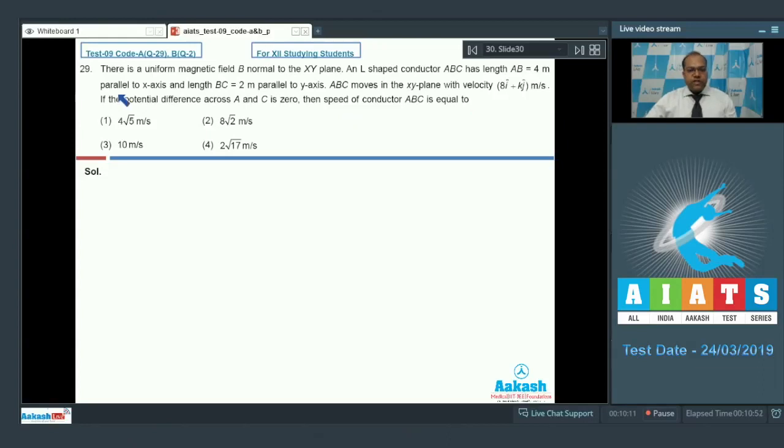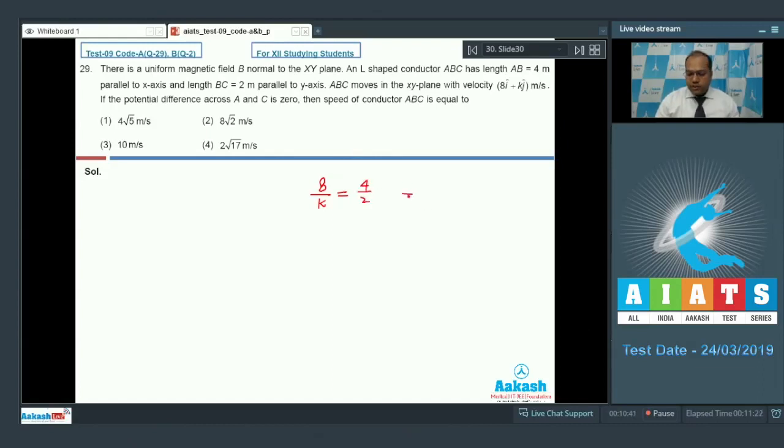So the potential difference would be 0 when the velocity vector is parallel to L vector or anti-parallel to L vector, because the magnetic field is perpendicular to L vector. So in that case, we can say that the ratio of 8 by k is equal to the ratio of 4 by 2.